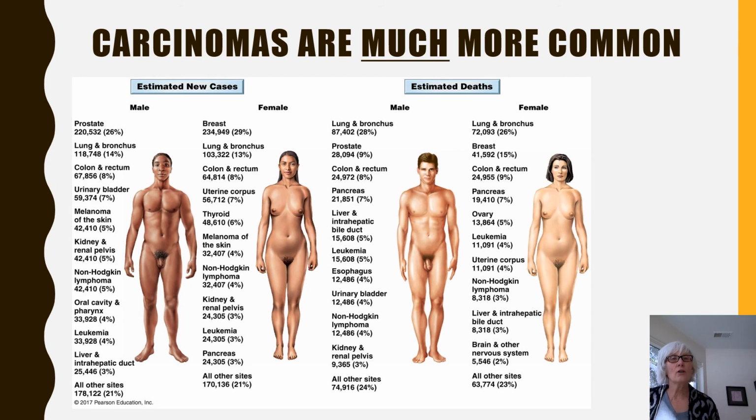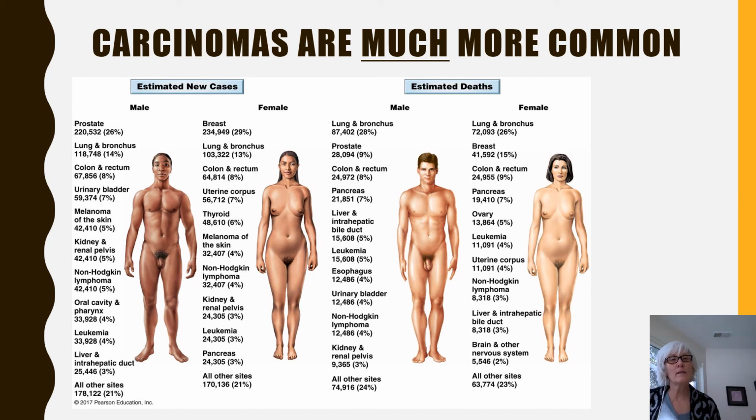As I said, carcinomas are much more common than sarcomas, and the relative rates of cancer in various tissues in males and females are listed in this image.